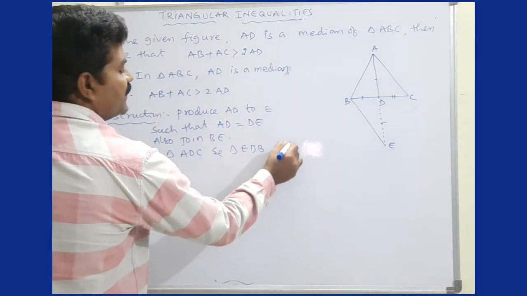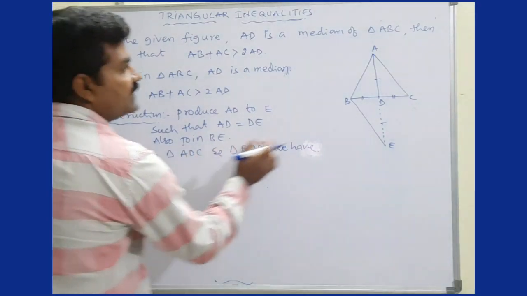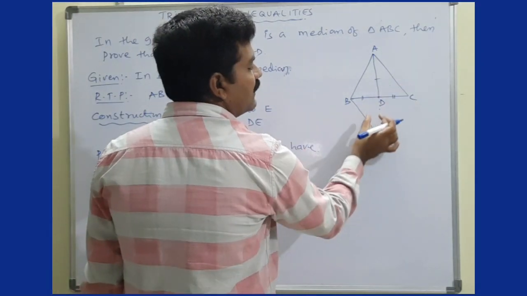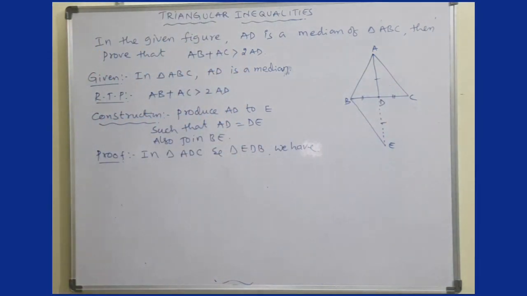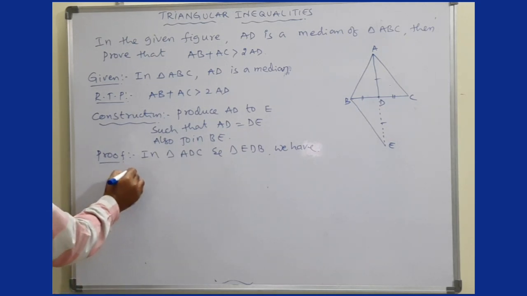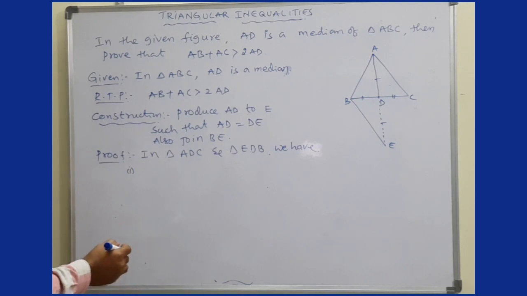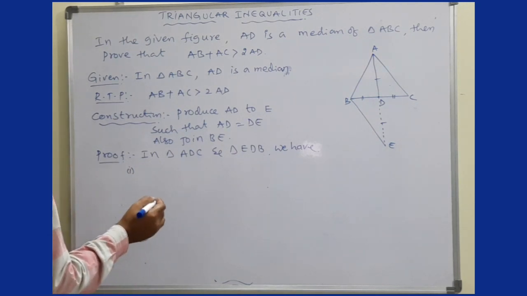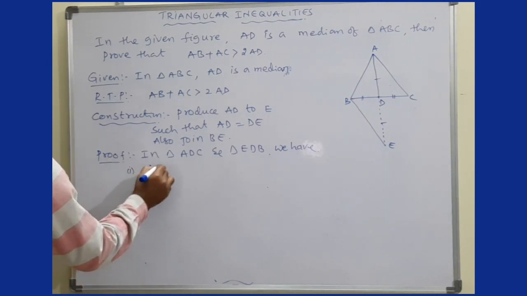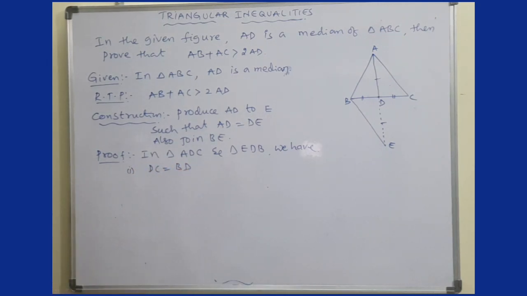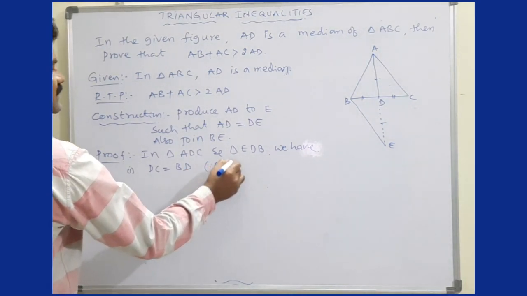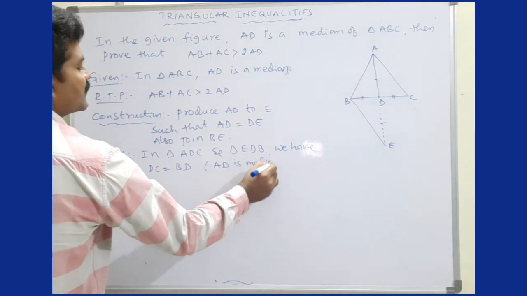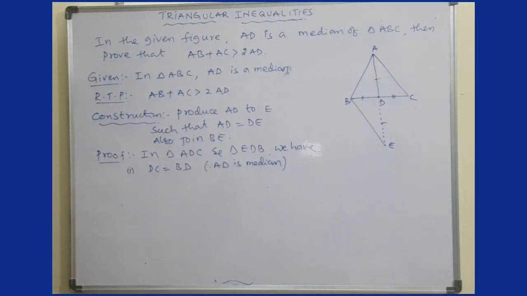In these two triangles, see what we have. One is triangle ADC, and this is the other triangle. Now my intention is to prove whether these two are congruent or not. First, what I can say: DC is equal to BD. Why? Because AD is a median.